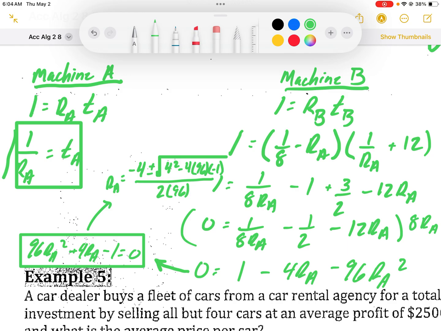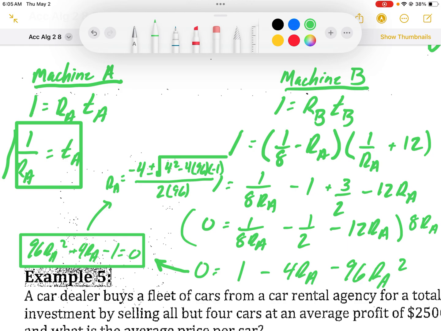So when I go ahead and do this, on the inside I'll get 4 squared minus 4 times 96 times negative 1. Well, that turns out to be 400, and the square root of 400 is 20. All right, so I'll have 20, and then I'll have the negative 4 in front, so negative 4 plus 20.